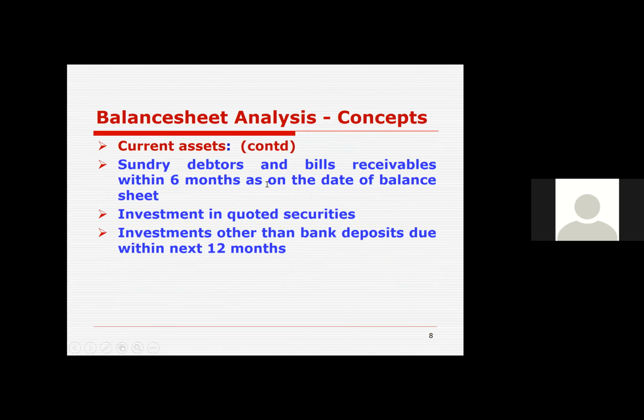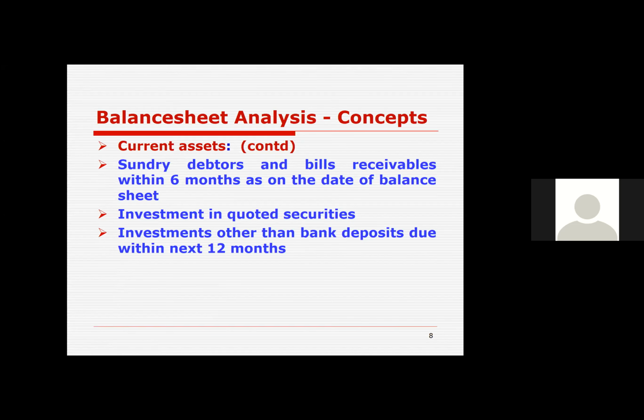So sundry debtors and bills receivable within 6 months on the date of the balance sheet are brought under current assets. Investments in quoted securities. What do you mean by investment in quoted securities and shares? Immediately they can be encashed in the market. They are all tradable. If it is unquoted, that is a non-current asset. If it is quoted, it is current, since they can get it immediately. They need not wait for 12 months.